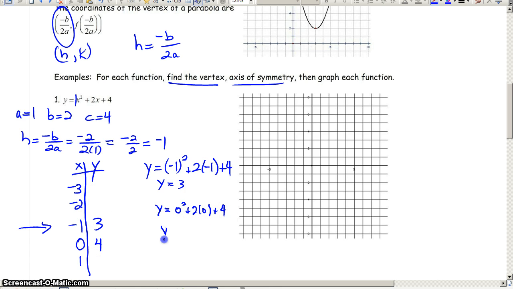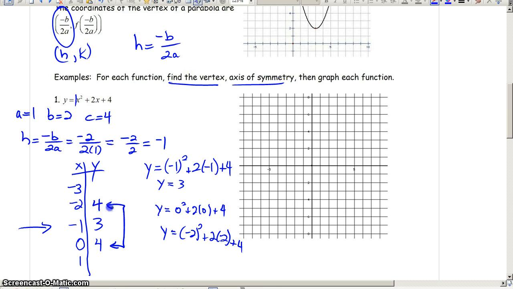Let's plug in negative 2. Again, watch the parentheses as you're typing this in. Anytime we're plugging in an x value that's negative, you definitely want to plug in parentheses with it. And sure enough, if you worked this out on your machine, you would get y to equal 4.